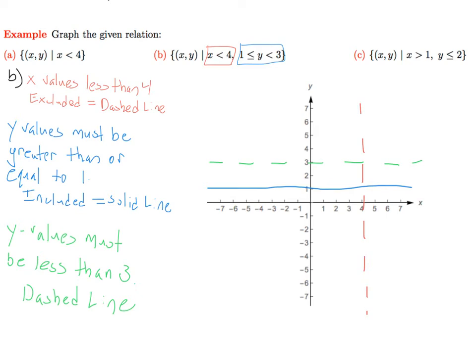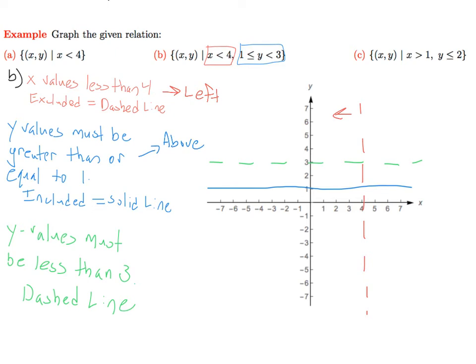And so to check where we're actually going to shade in, over here, we want to be less than 4. So that means we're going to go to the left of this line. So at least I know I need to be on this side. We're going to go greater than 1, so we're going to be above this line.